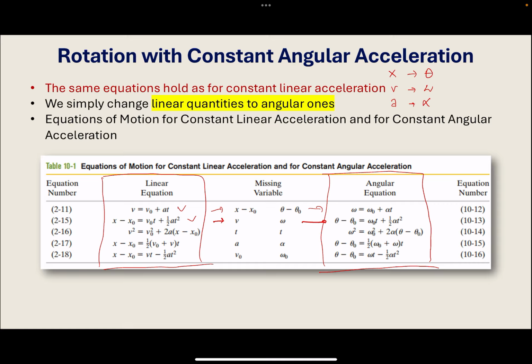So the key idea is that the same motion equations apply; we just replace linear quantities with angular quantities. We make the following substitutions: displacement x with angular position theta, velocity v with angular velocity omega, acceleration a with angular acceleration alpha.